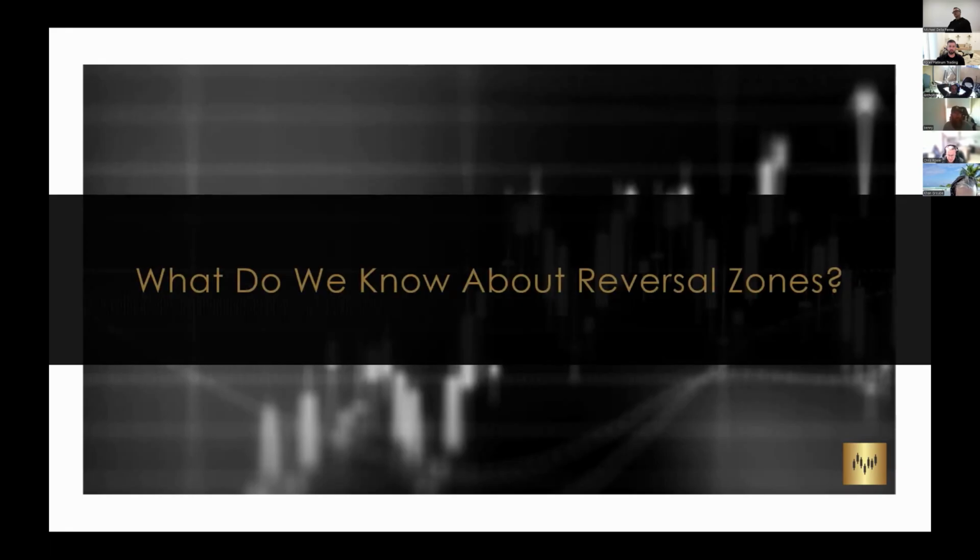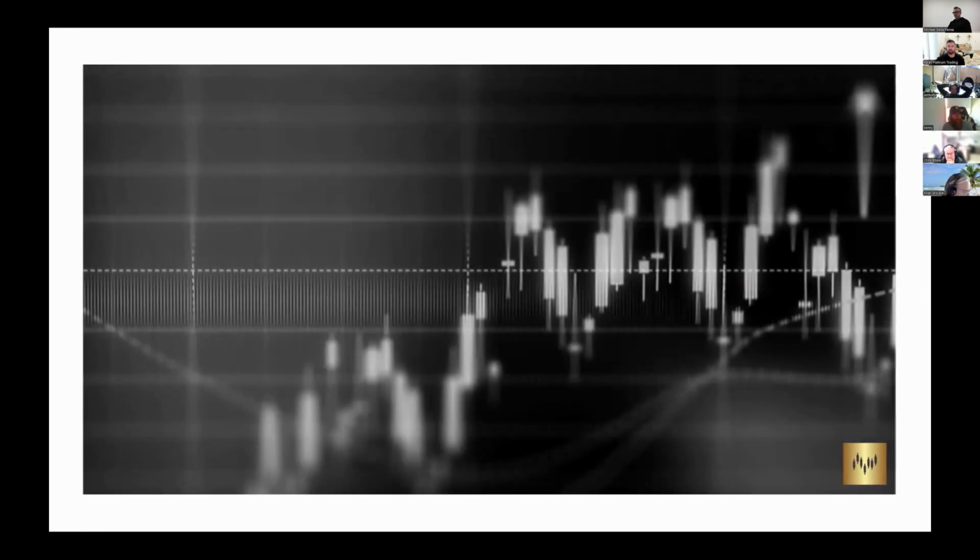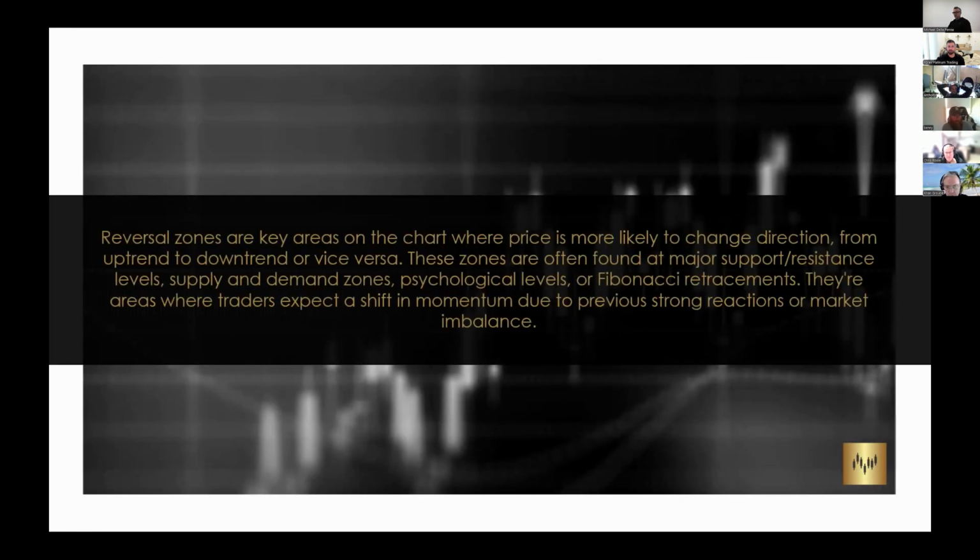What do we know about reversal zones? Do we know much about reversal zones? You know what? They're pretty much the same thing as what we've been talking about. We just want to understand they're key areas on the chart where price is more likely to change direction. So when I draw my levels of support and resistance, I've got zones.